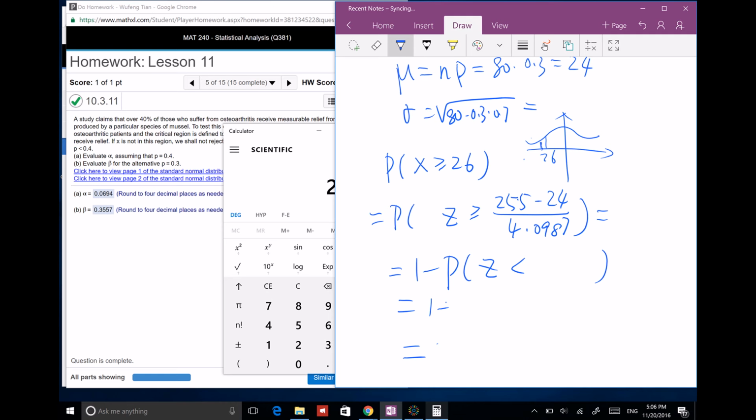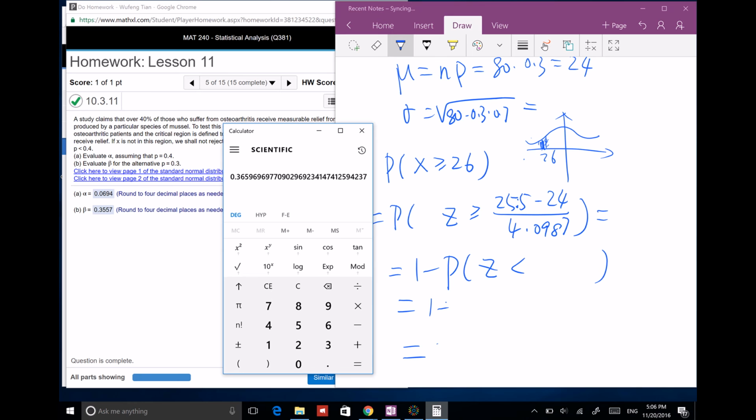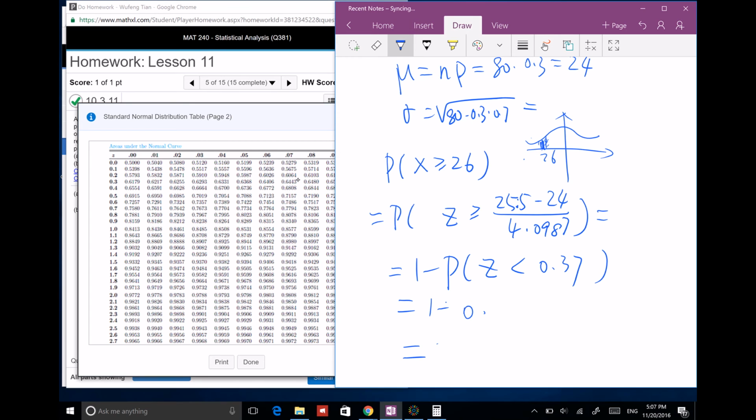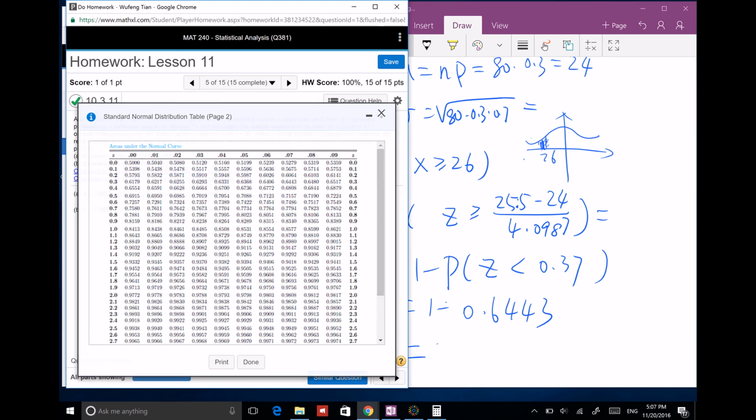So it starts from 25, or 26, but you approximate by half. I gave a little bit of flexibility: 25.5 minus 24 divided by 4.0987 equals 0.37, so P(Z less than 0.37) is 0.6443, and it's subtracted.